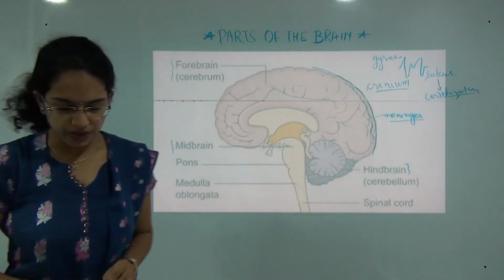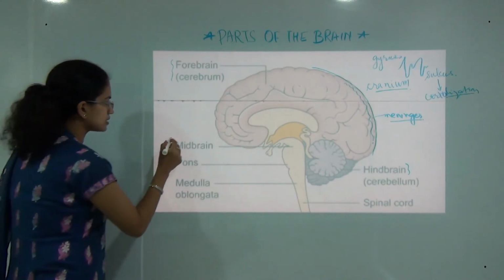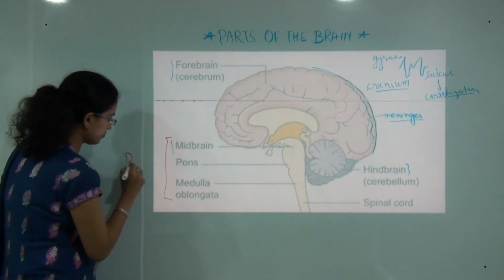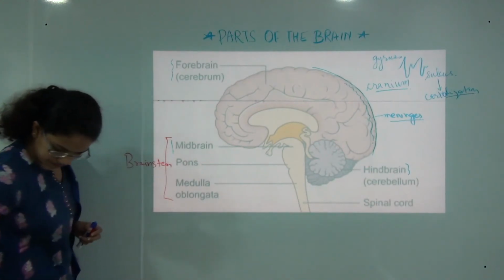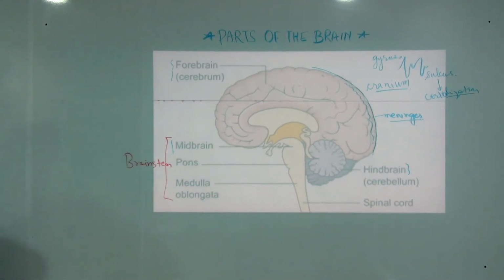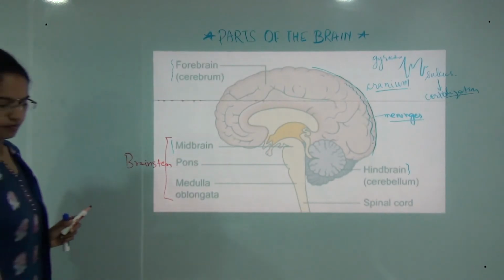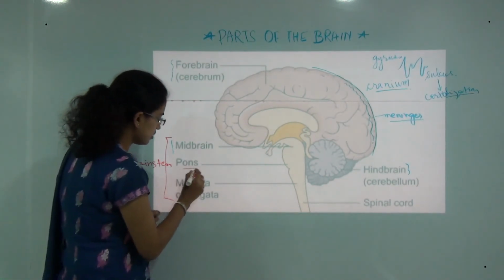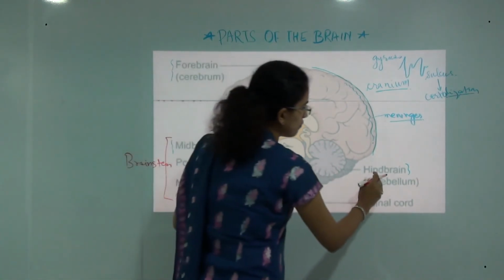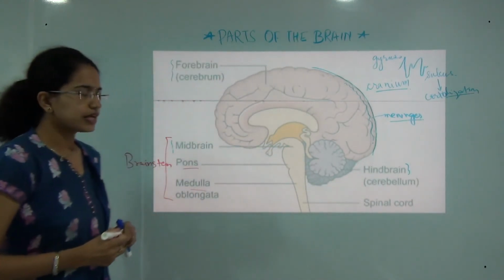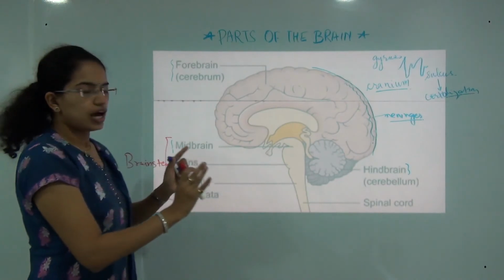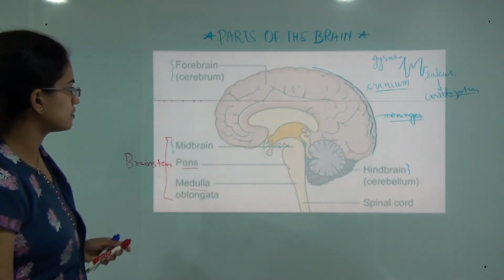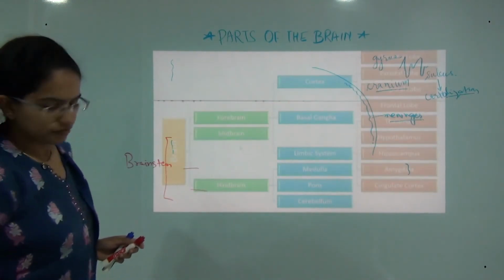These three together are known as the brainstem. Okay, so you have these three parts which are known as brainstem, but basically pons and medulla are part of hindbrain. Okay, so in the next slide we will be understanding which are classified under which parts.